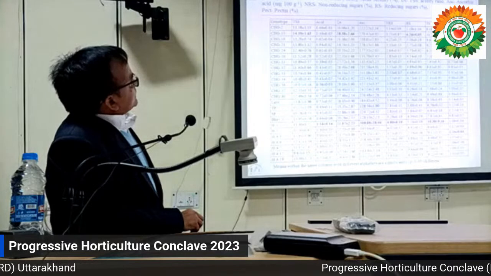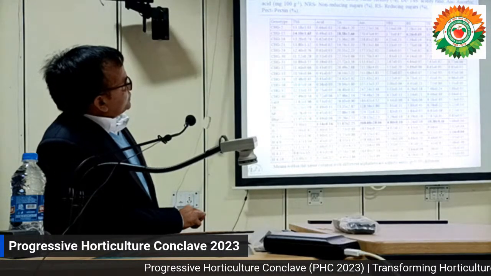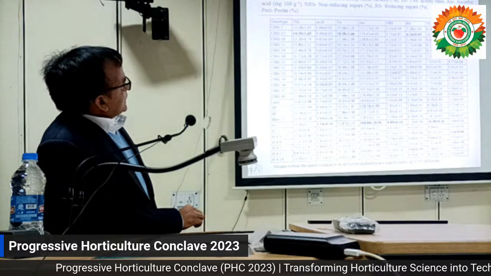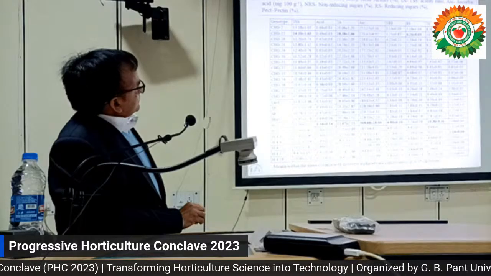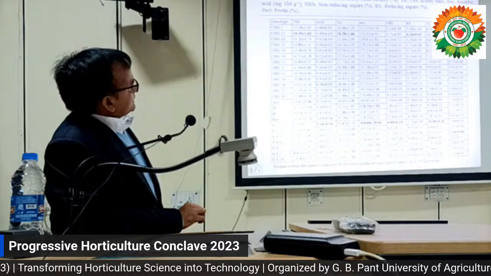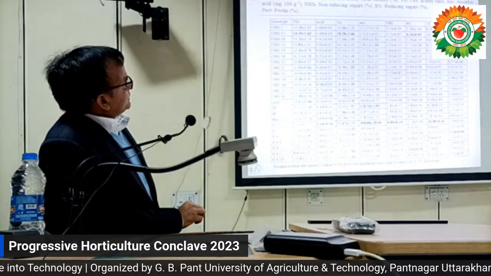Next, there was also wide variability for fruit chemical properties in the guava genotypes studied. And amongst genotypes, the highest TSS and TSS to acidity ratio was found in HSG15.